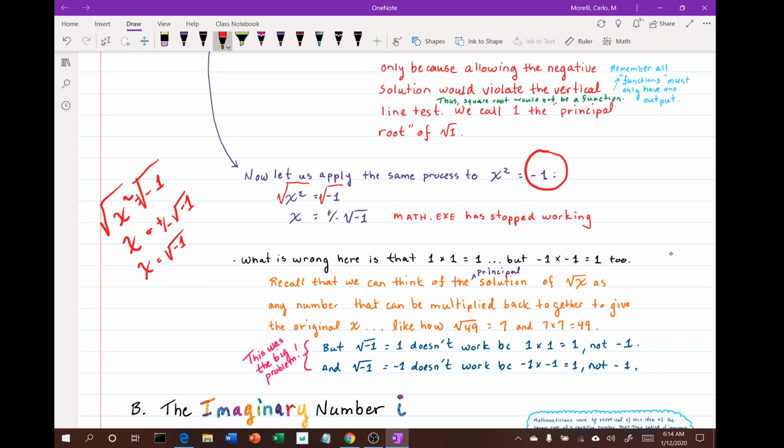So what we would have to suppose is that whatever that is, when you multiplied it back together, you would get a negative number. But that doesn't happen. Anything times itself is going to be positive. A negative times a negative is always going to be a positive number. So we have a problem. That was the problem facing mathematicians back in the 15 and 1600s.